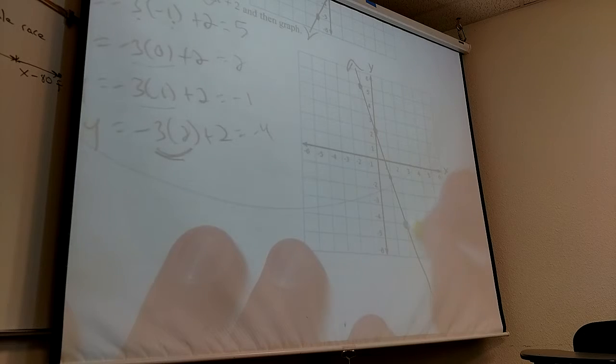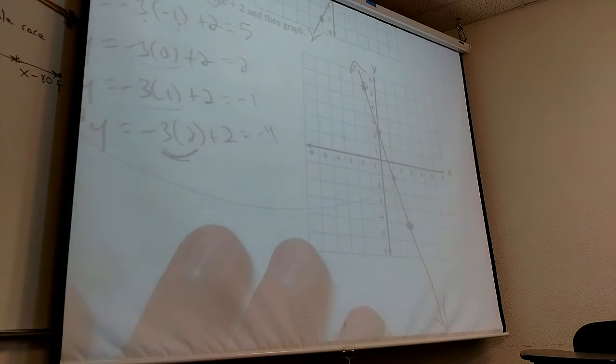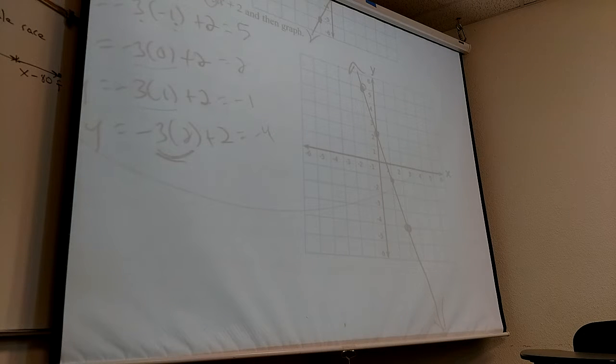If it doesn't quite go through some, you can just make the points big. That's okay. If you got a point like over here, something is wrong. If you don't have a straight edge, you can just use a piece of paper. You want to be a little careful when you connect those points.